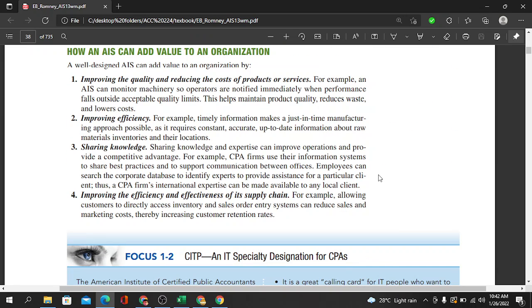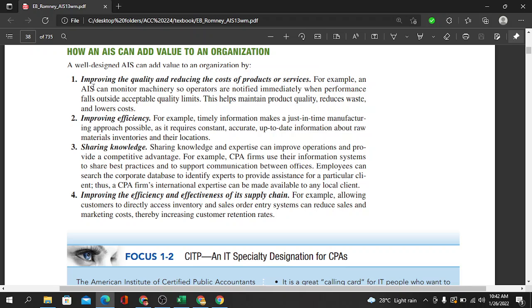So AIS add value to organization. These are the reason, no? If your AIS is well designed, kasi may mga not well-designed AIS kasi walang proper planning, nagmamadali yung management. So hindi siya well-designed.